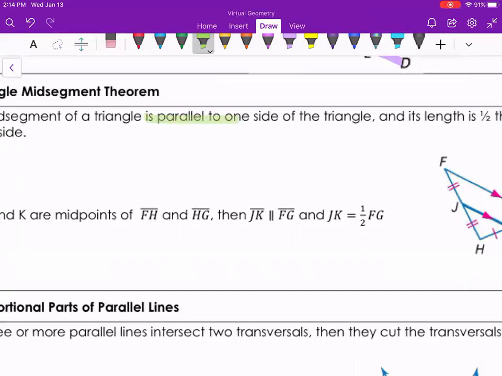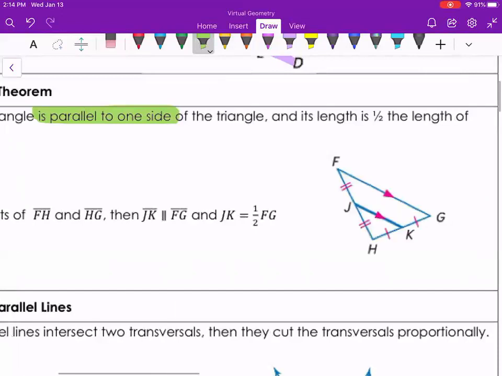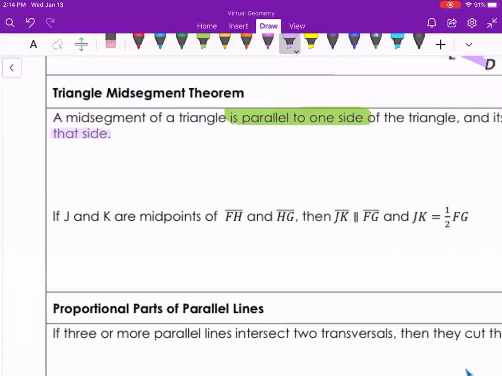So that's a clue here. It's going to go the same direction as one of the sides. And it is half the length of the side. So whatever side it is parallel to, the mid-segment is half that length.